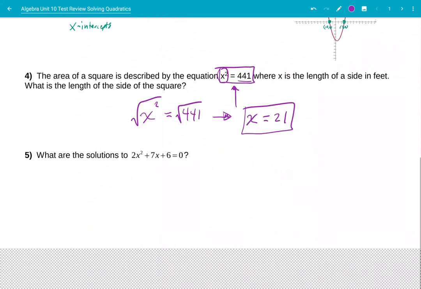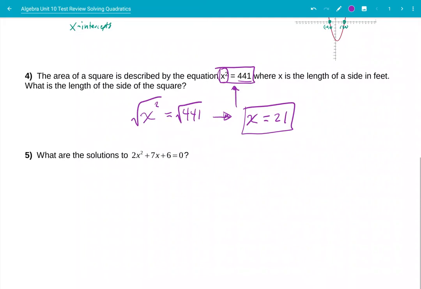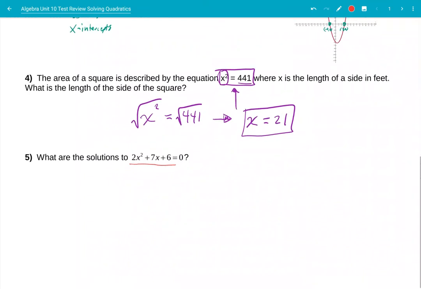All right. Oh, here's an actual one we need to solve. What are the solutions to this? Well, let's try to factor it. Let's see if it's factorable.